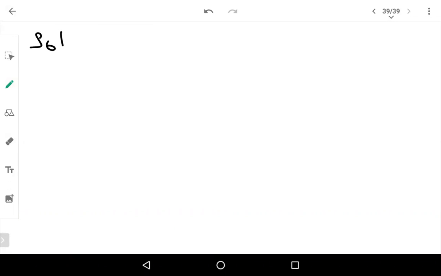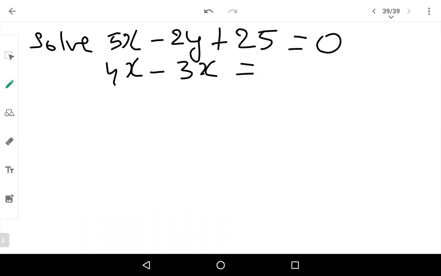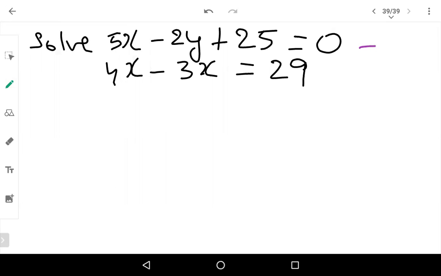Solve 5x minus 2y plus 25 is equal to 0, and 4y minus 3x is equal to 29. This is the next problem. Let us name the first as equation number 1 and this as equation number 2.